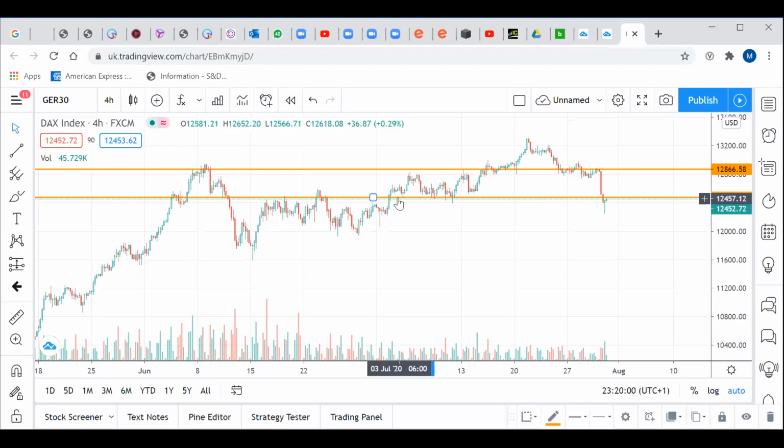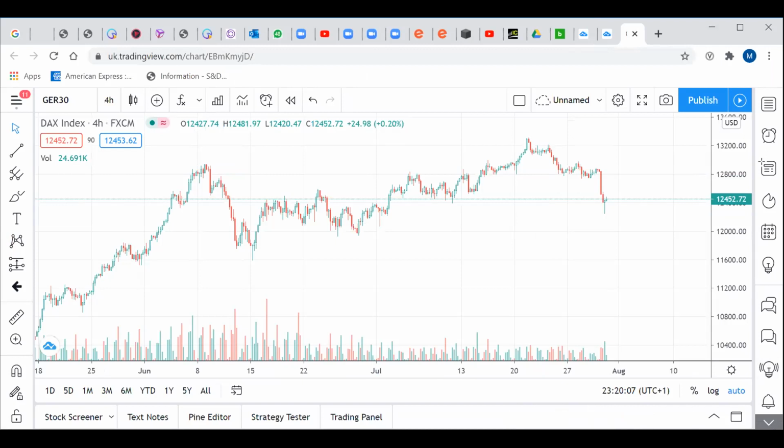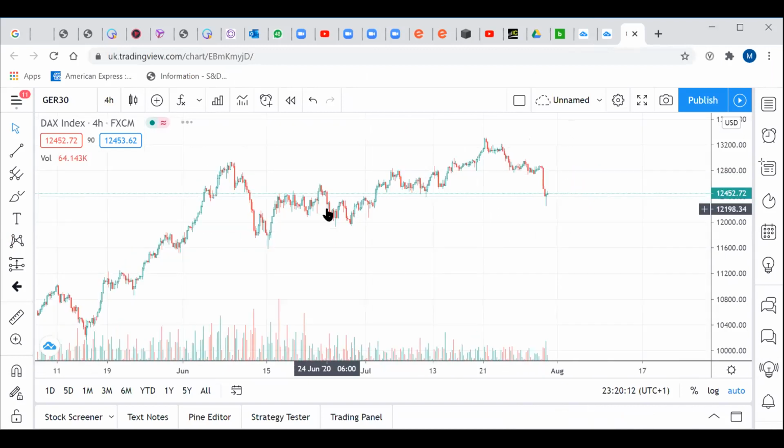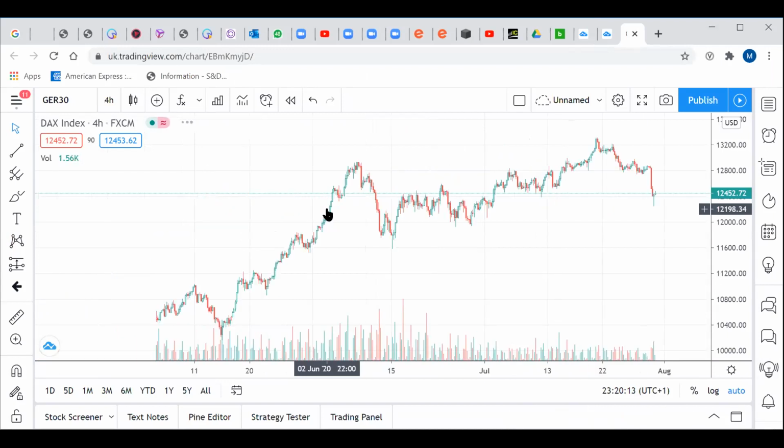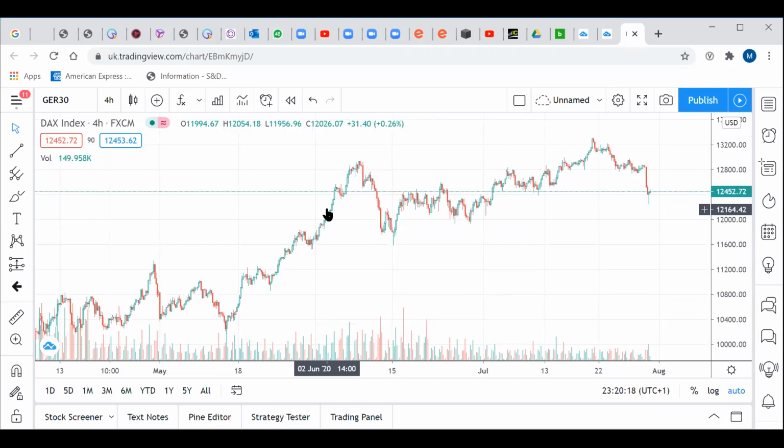Let me just remove these lines from before. Okay, cool. And we're looking at this particular pair. It doesn't matter what pair it is, but it happens to be DAX, which is the German Stock Exchange Index.